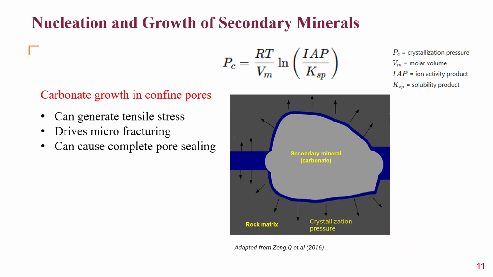This will essentially reduce the effective stress of the rock at that very instant, and it will also reduce the fracture propagation property of the rock. Meaning, if I'm inducing more tensile strength and reducing the effective stresses, it is easier for me to drive microfractures even with a little pressure perturbation.